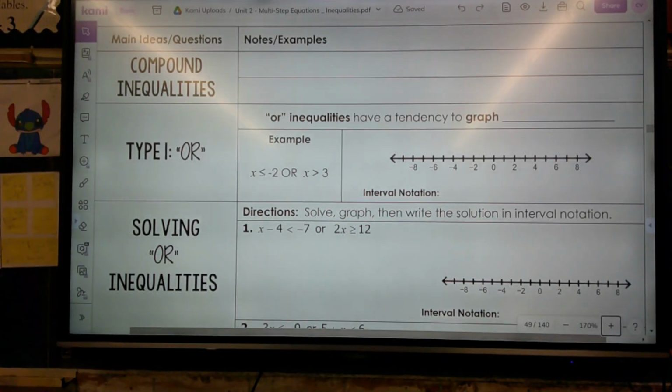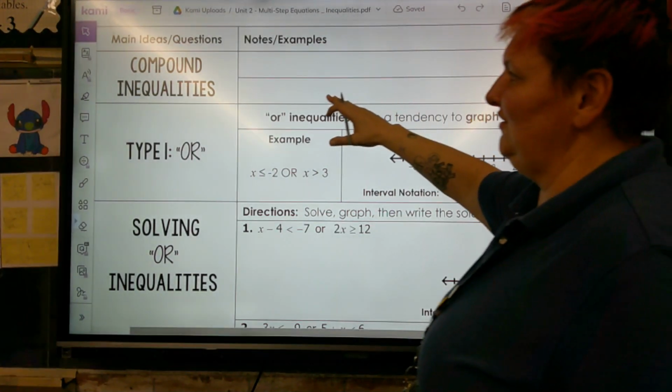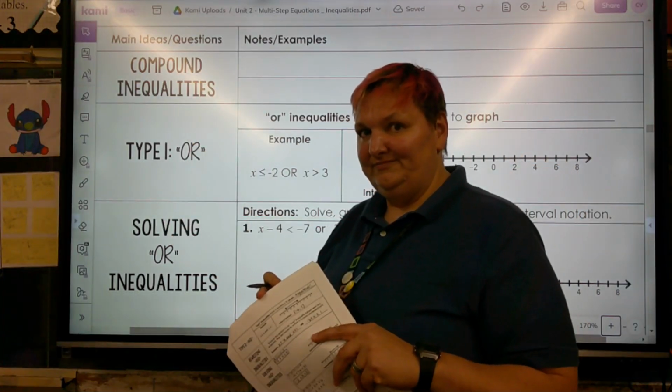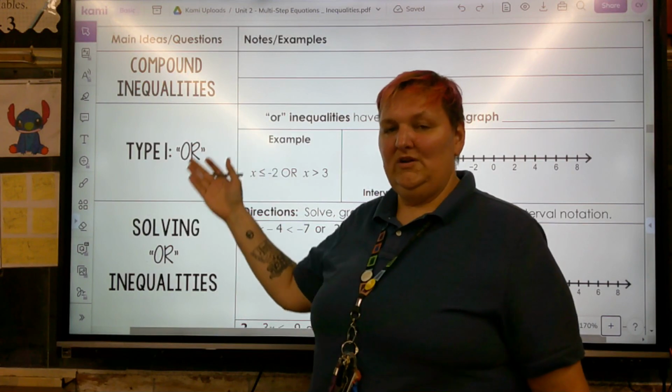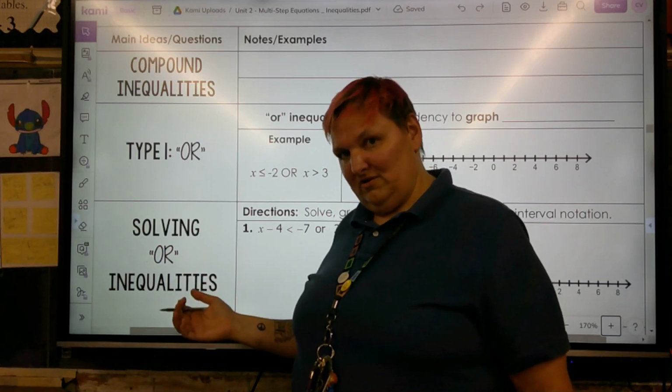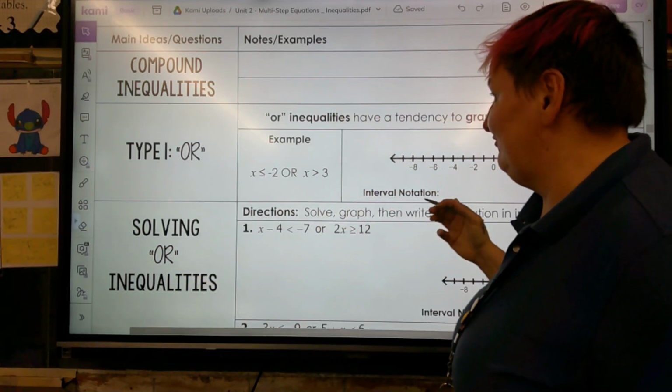Alrighty, welcome to Unit 2.8, Compound Inequalities. Compound means to take two things and put them together, right? So we're going to take two inequalities, and they're either going to be "and" or "or", and they look different when you graph them, right?